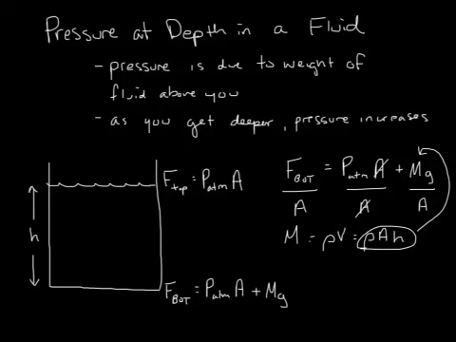And so the force at the bottom divided by the area is just going to be the pressure at the bottom, and that is going to equal the atmospheric pressure plus rho g h, where rho is the density of the fluid that you're inside.